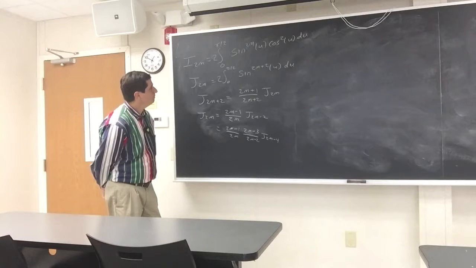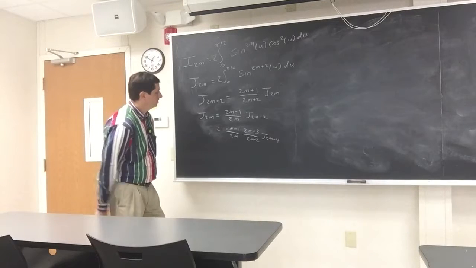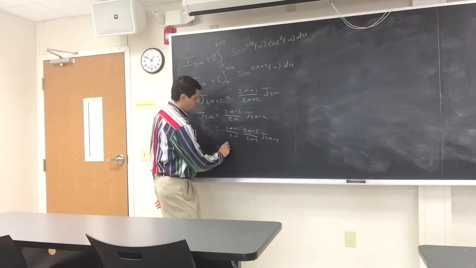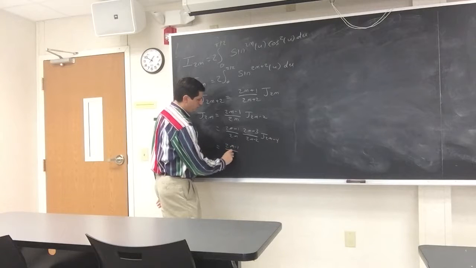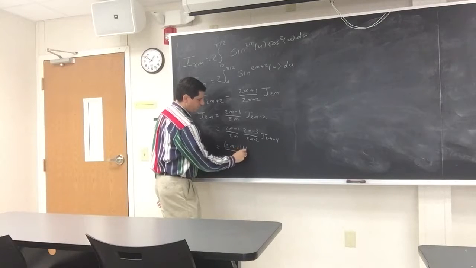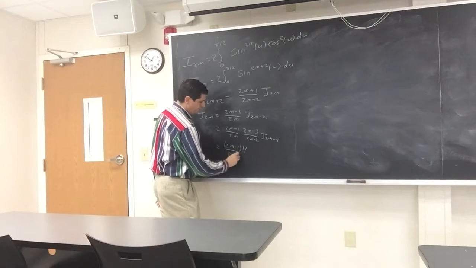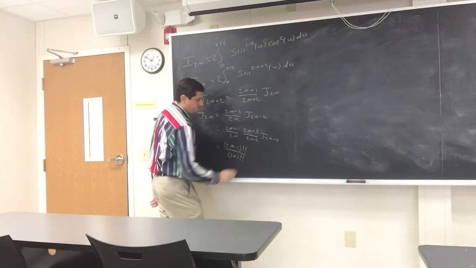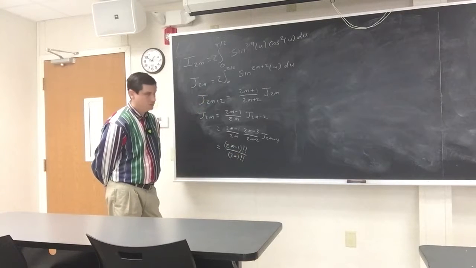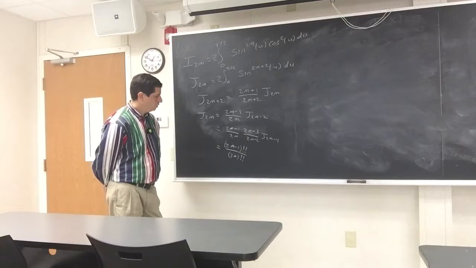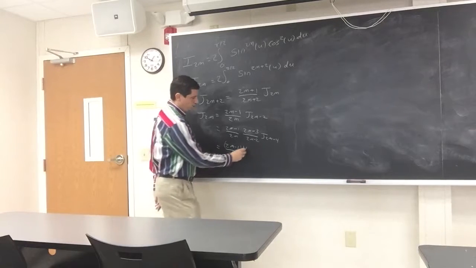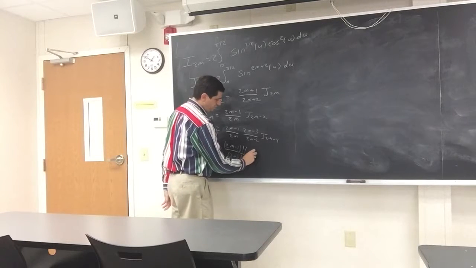And so how far should we go down to? We'll go 2m minus 1 double factorial over 2m double factorial, and we would stop with a j of 0.